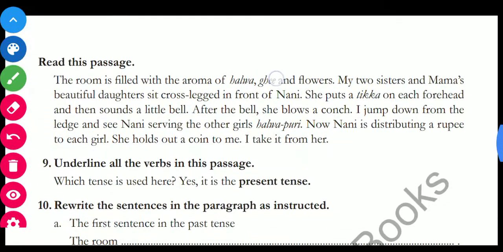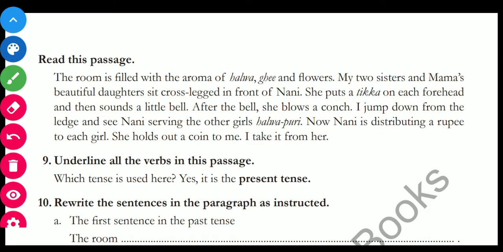Coming to this passage. Okay, and we have in this passage what you have to do is underline all the verbs in this passage. Which tense is used here? Yes, it is present tense. So you have to underline all the words which show that the sentence used over here is present tense.